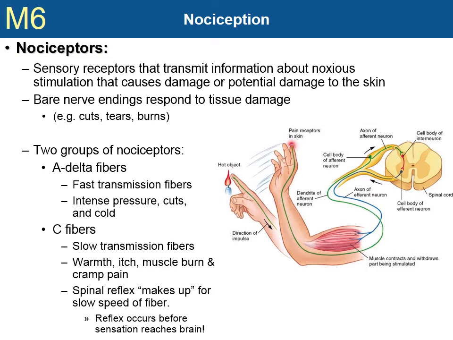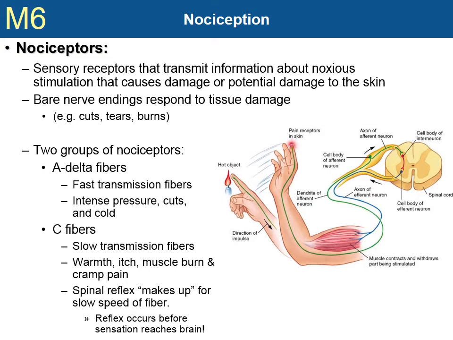Don't we respond very quickly to a hot surface? Yes, we do, but that is because of a built-in spinal reflex. A hot stimulus on the index finger is detected by a receptor with its cell body in the dorsal root ganglion near the spinal cord.